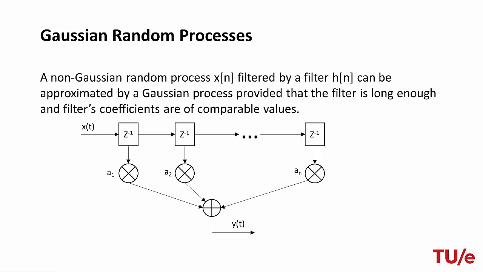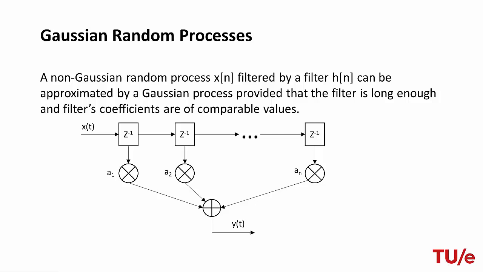Central limit theorem tells us that if a non-Gaussian random process goes through a system H(z) with long enough filter length, the output can be approximated by a Gaussian process. To better understand what is going on, consider the delay tap implementation of a filter depicted in this slide. Multiple time instances of a random process are being multiplied by coefficients and then added up.